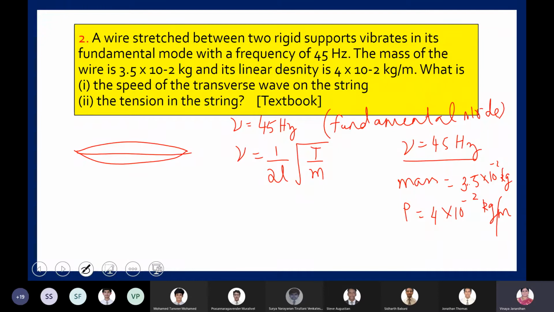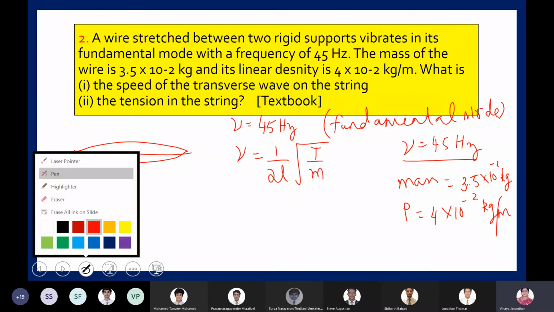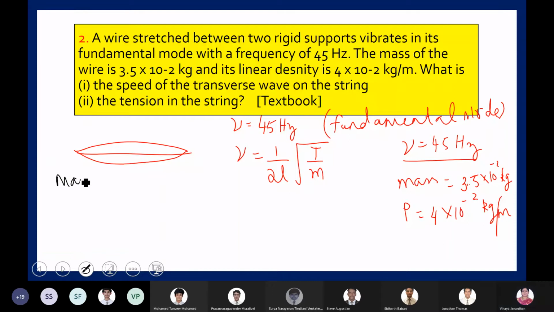Now I have to find mass per unit volume, sorry, mass per unit length. How will you do this, boys? Ma'am, that's given, right? As linear density.